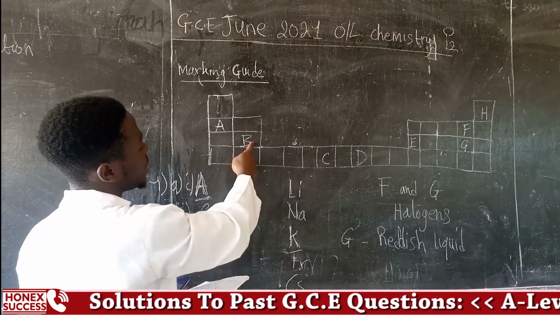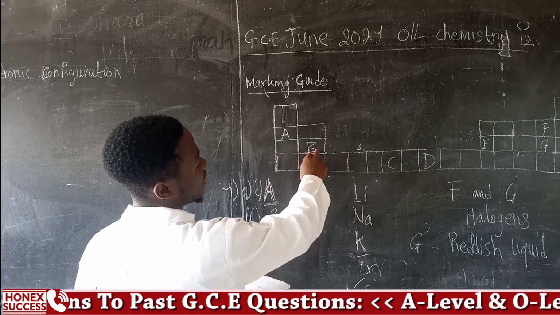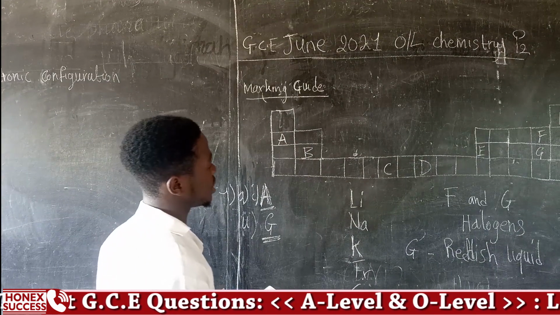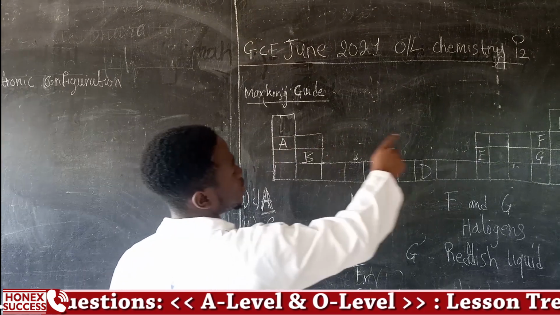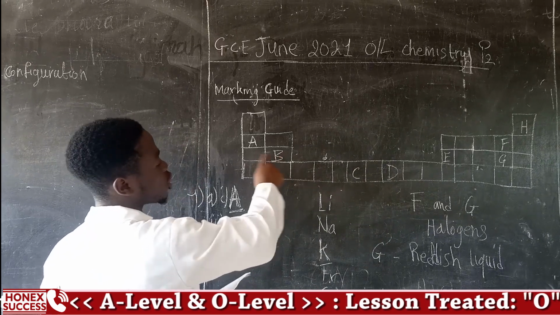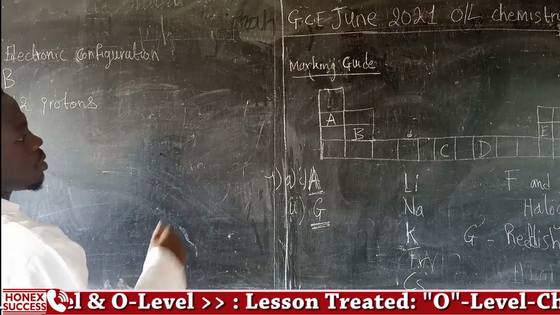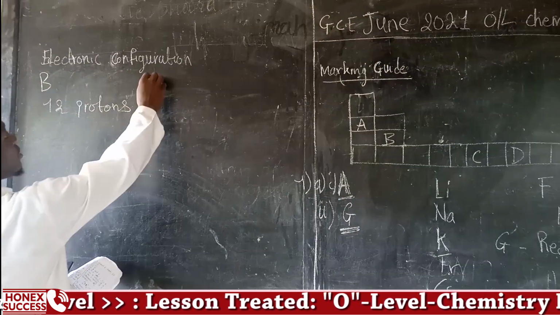This is the element B. We first of all identify that element B is in group 2 of our periodic table. And if we are to count the squares before reaching B, we discover that it is also element number 12. Since B is element number 12 of our periodic table, it means it has atomic number 12.